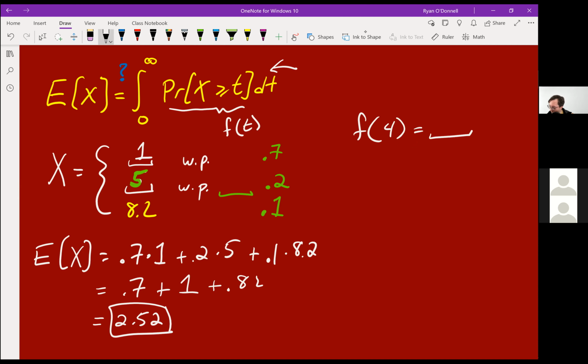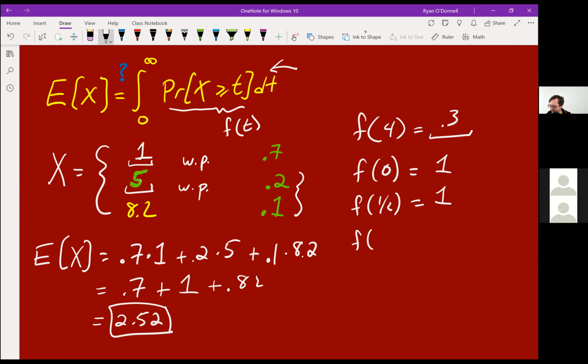0.3. Yep, because these are the two cases where you're bigger than 4, so it's 0.3. And let's do some more. F of 0, just shout it out. 1. F of a half. 1. Still 1.